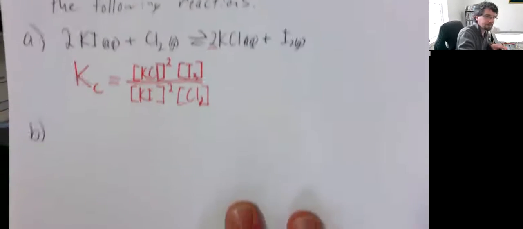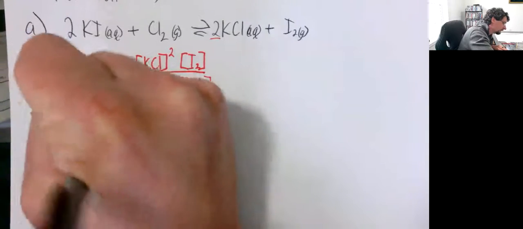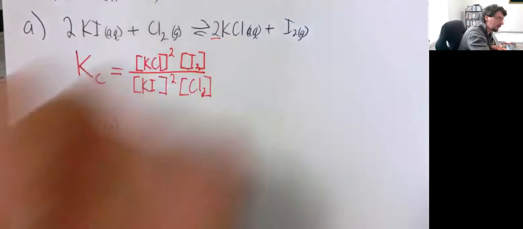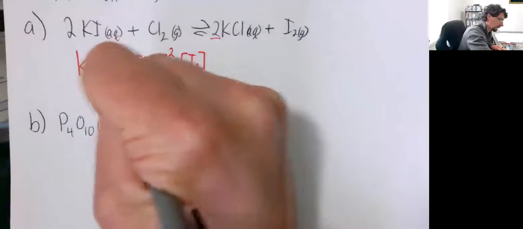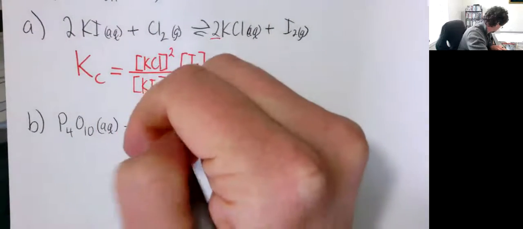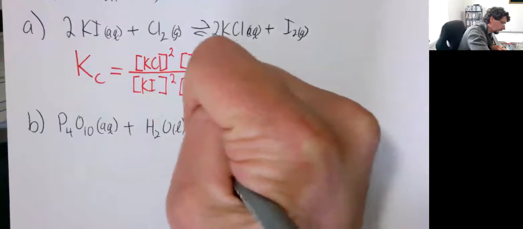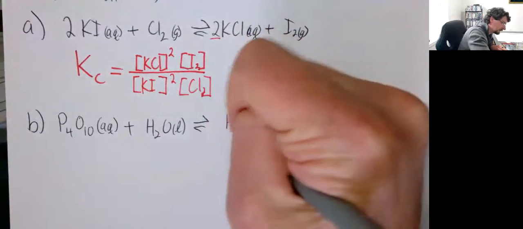B. Let's say we have tetraphosphorus decaoxide in an aqueous solution plus liquid water. It gets us phosphoric acid.